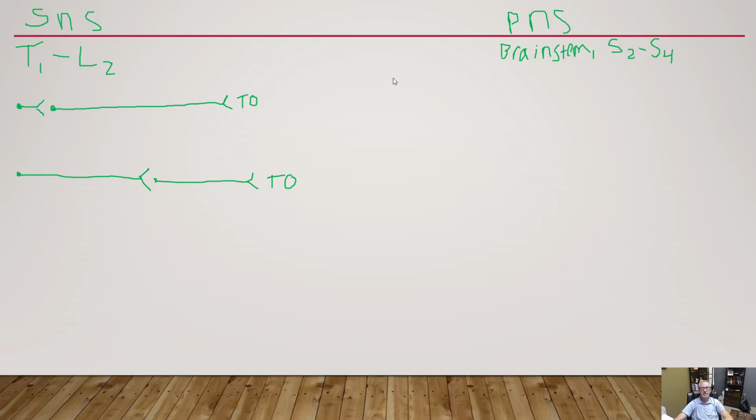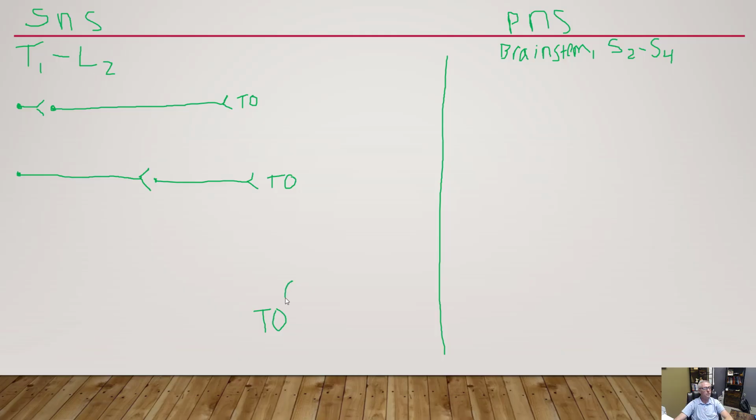And what we see on the parasympathetic side is that we don't have any paravertebral ganglia, but we still have ganglia. Now, we still have our target organ and our spinal cord. But what we find is that the ganglia for the parasympathetic side lie in one of two places.